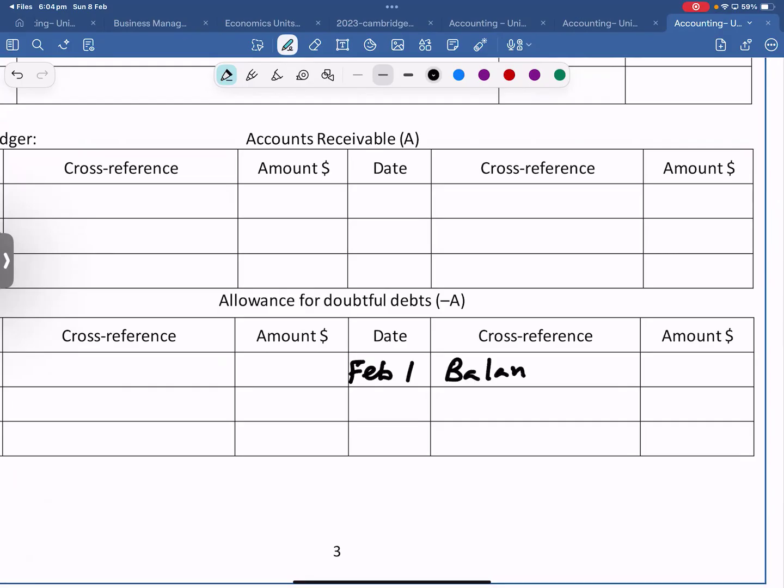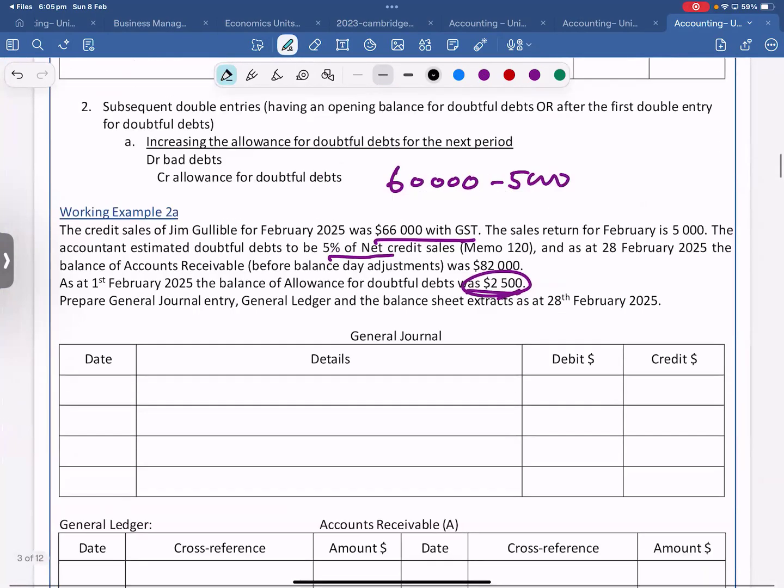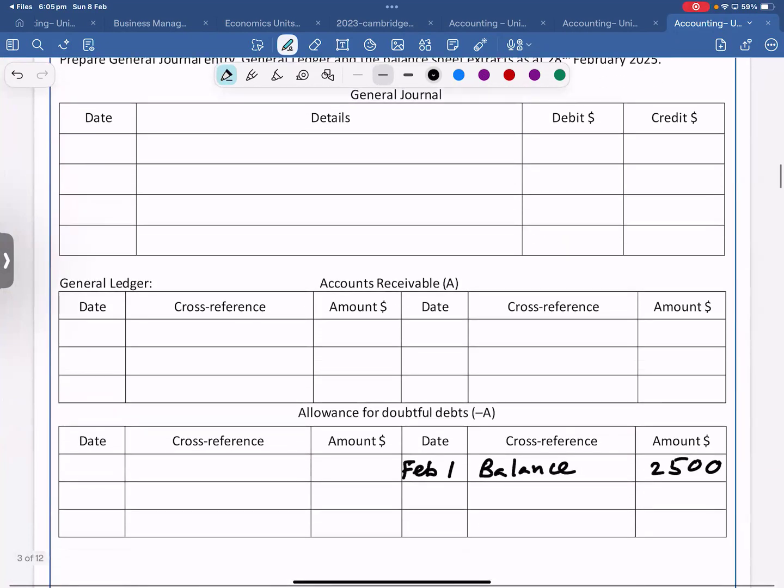Balance, 2,500. Okay. If you want, we can do the accounts receivable as well, but not much difference.